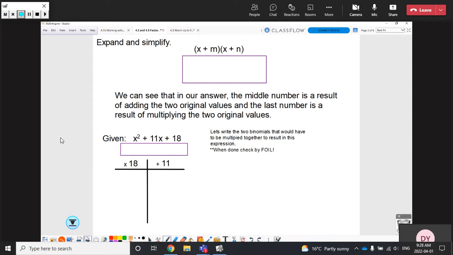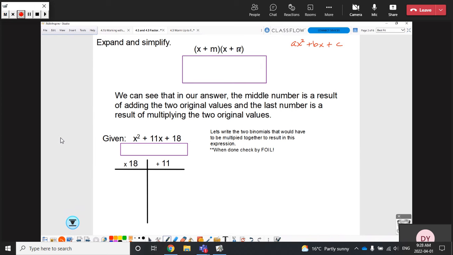Okay, now just to prove to you that it's always going to be adding to the middle one and then multiplying to the last number here, like this is ax squared plus bx plus c. Now let's just FOIL something like this, where the x term has a coefficient of 1, and m and n are just any numbers here.